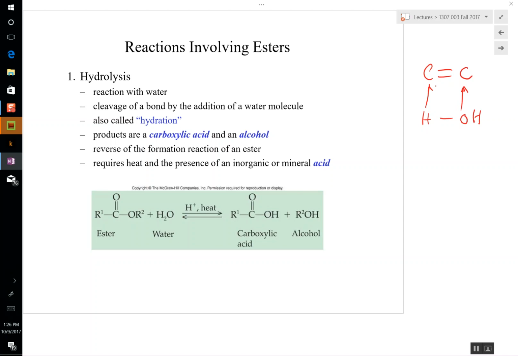In hydrolysis, what are we doing? We're inserting this water in between here, and we're going to break it apart into an alcohol. And so that's why this is referred to as hydrolysis. We're hydrolyzing this molecule into two molecules.